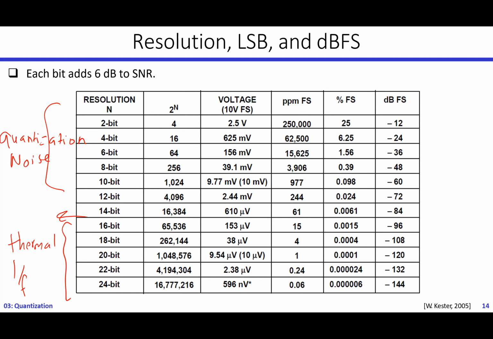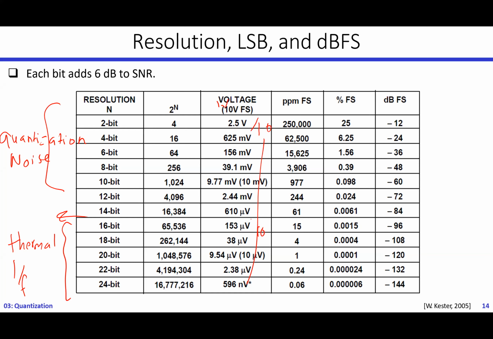And therefore, your delta, here the third column is showing you the delta value in terms of voltage, assuming that your V full scale is 10 volt. This is, let's call it, an old assumption. Nowadays, you work at a V full scale of 1 volt and below. So if we divide these values by 10 to have a V full scale of 1 volt, all these values are going to be divided by 10.